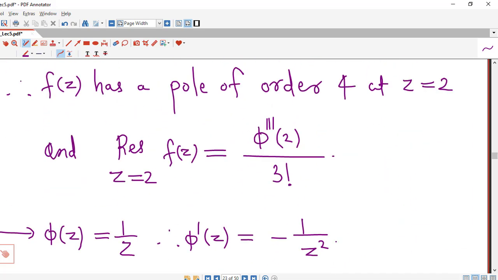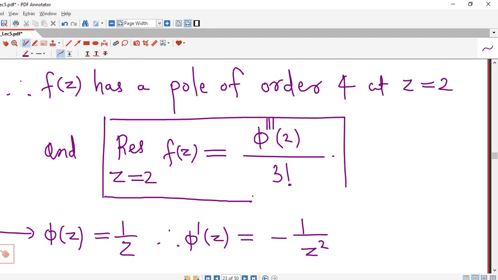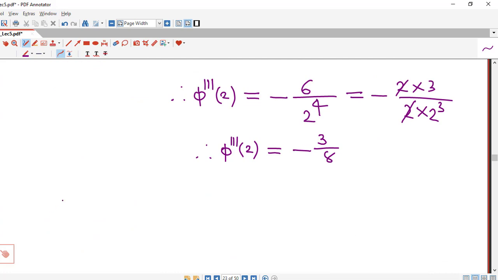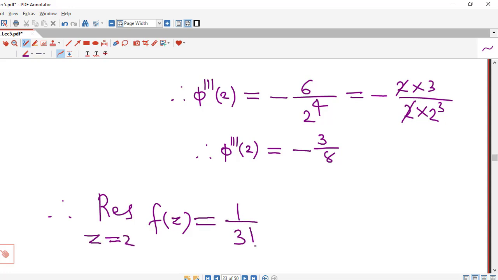Now we substitute this here, and we obtain residue of f of z at z equal to 2 equal to 1 by 3 factorial into phi triple dash 2, which is minus 3 by 8.